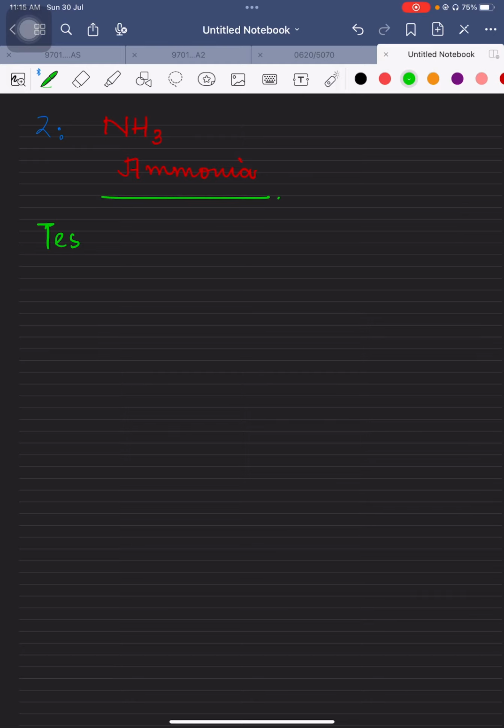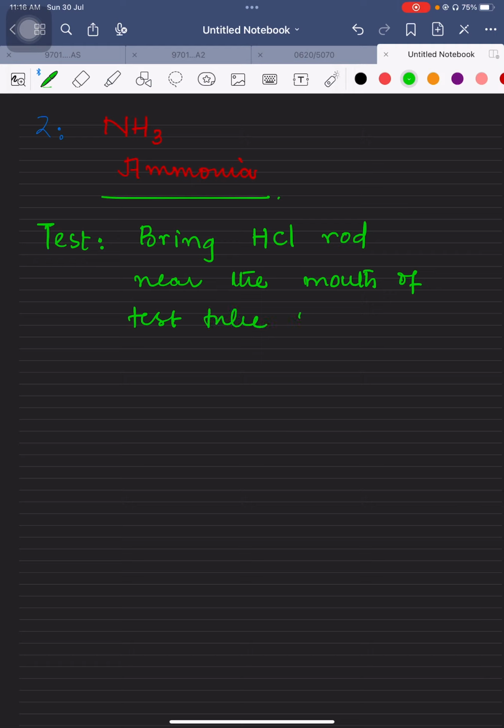Bring an HCl rod near the mouth of a test tube containing ammonia.